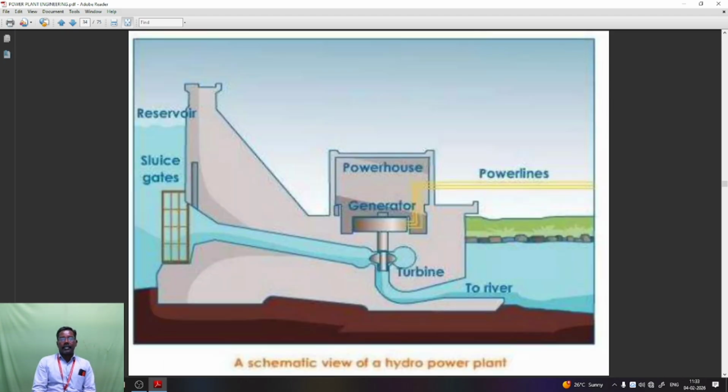This is a schematic view of a hydro power plant: reservoir, sluice gates, powerhouse which contains turbine, control system.